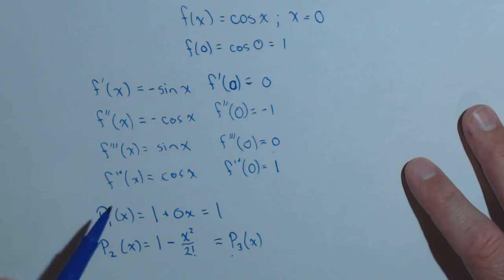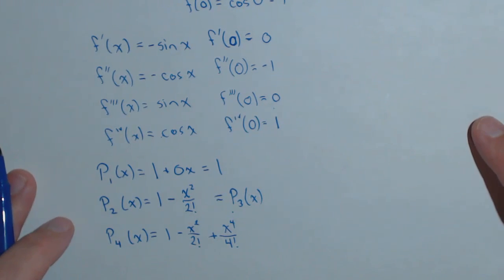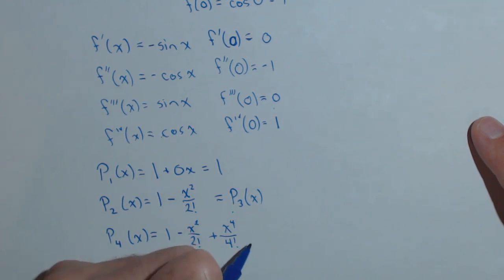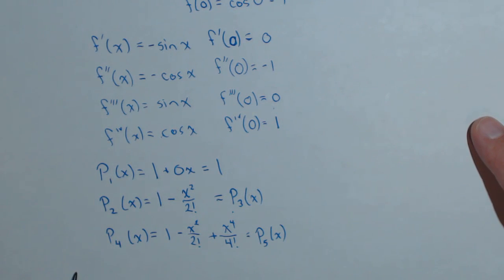Notice we're only going to keep the even degrees. P sub 4 of x is 1 minus x squared over 2 factorial, it's the second degree, plus the fourth term, which we know is a positive 1, so plus x to the fourth over 4 factorial. Now this is going to be the same as the fifth degree Taylor polynomial.